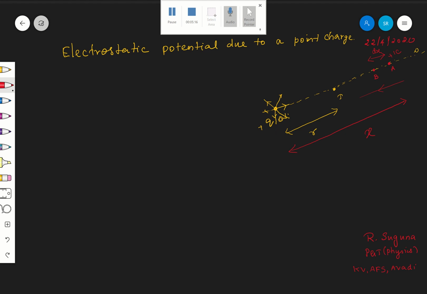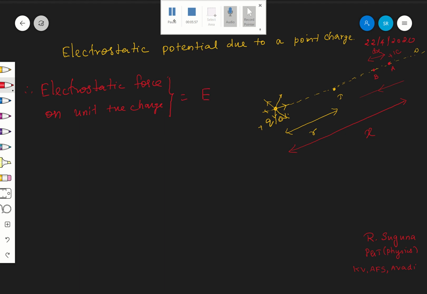Here I am going to bring a unit positive charge from A to B without acceleration. Therefore, the electrostatic force on a unit positive charge is nothing but E itself.